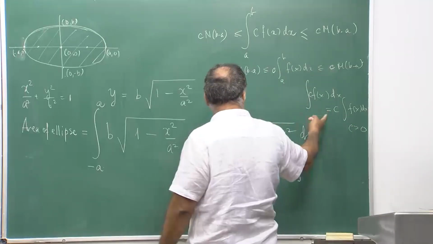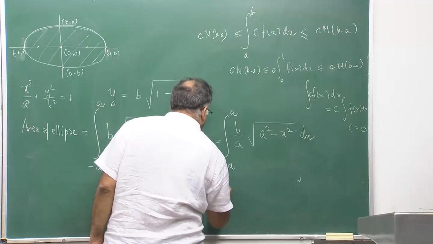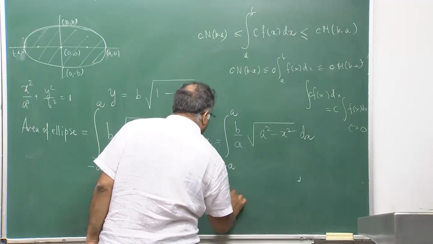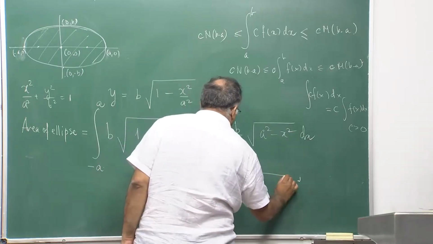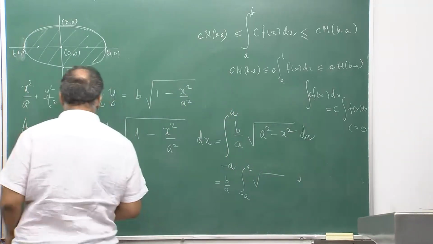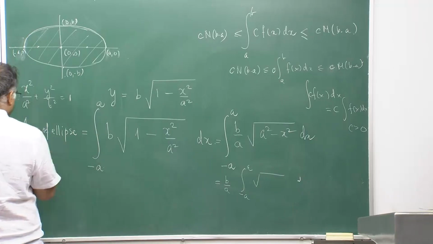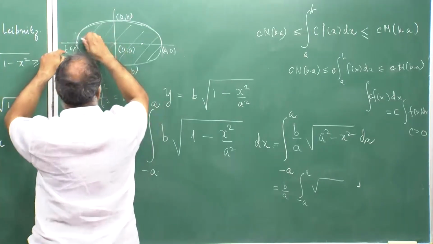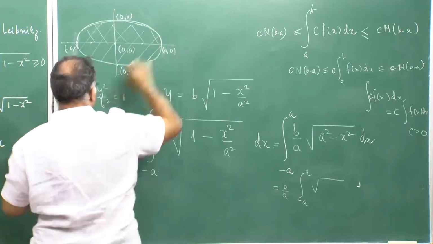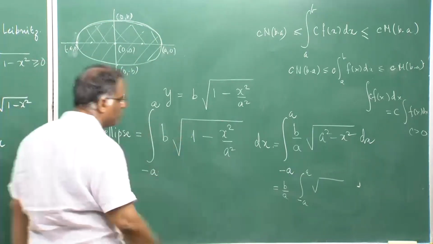So I can simply write this to be b by a times the integral from minus a to a of root of, sorry, the area of the ellipse is not this. This is half of the area of the ellipse, because we are just considering this part. So we are just finding first the area of this part, then we will double it. So half of the area of the ellipse is what we are getting.